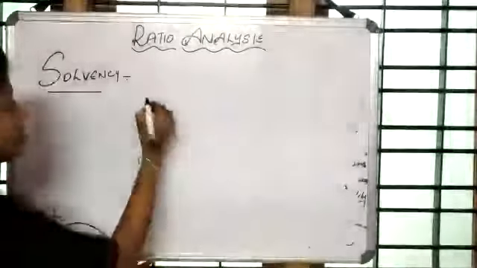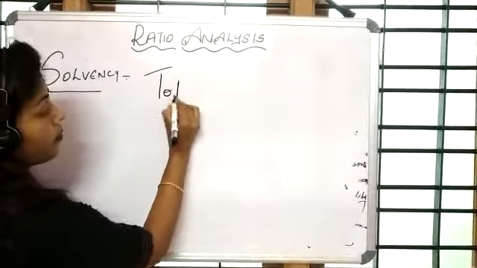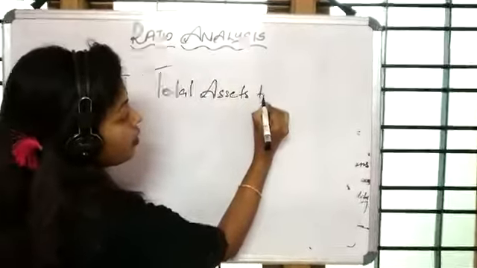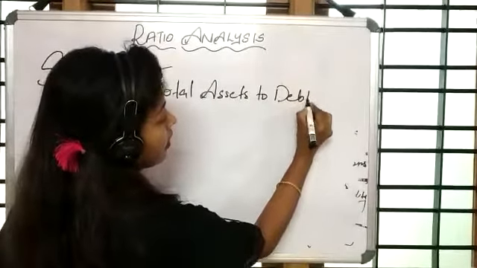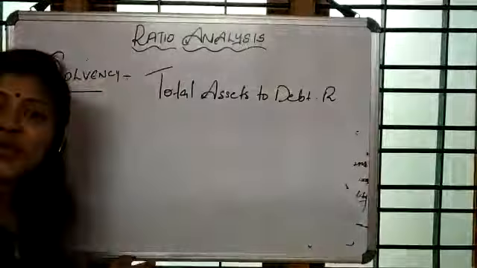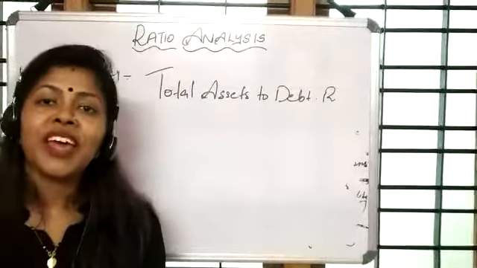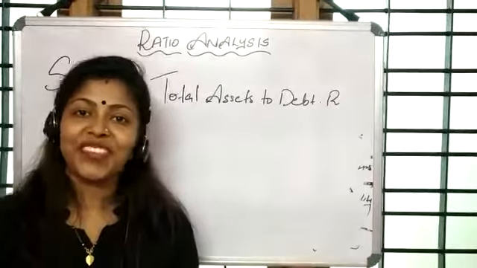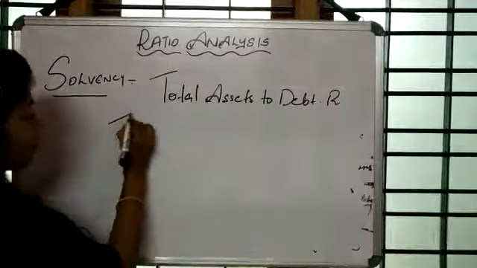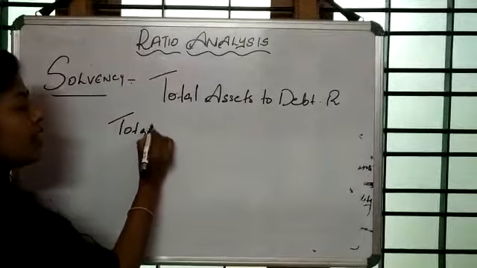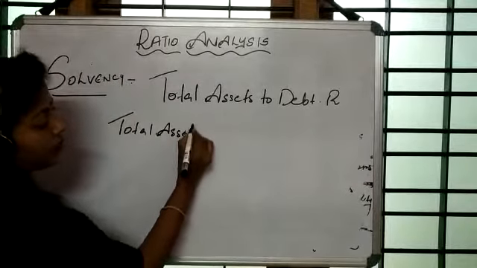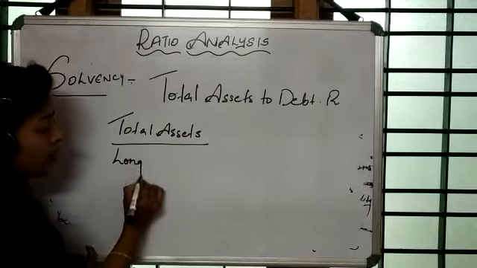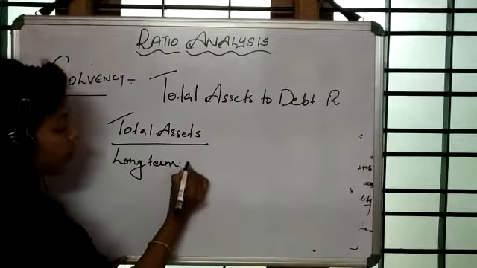The second ratio is total assets to debt ratio. So children, here also you can very well come to the formula for calculating total assets to debt ratio. That is total assets divided by long-term debt.